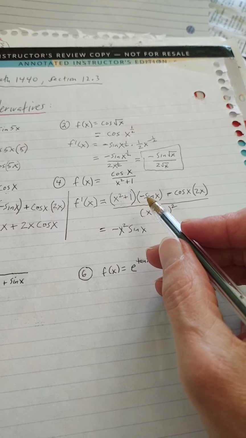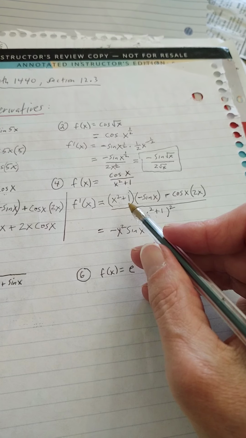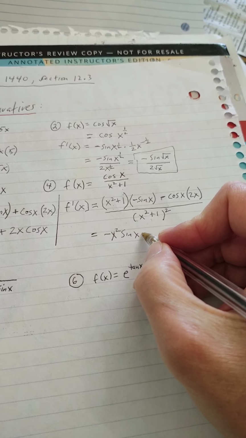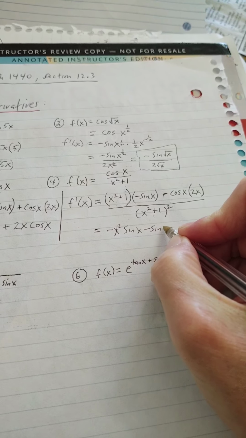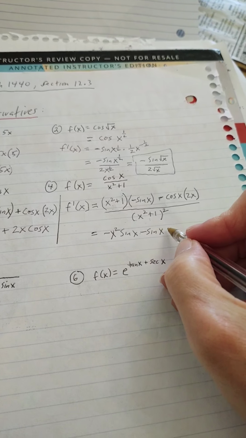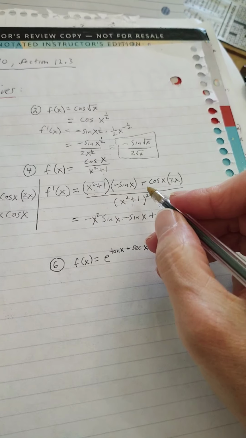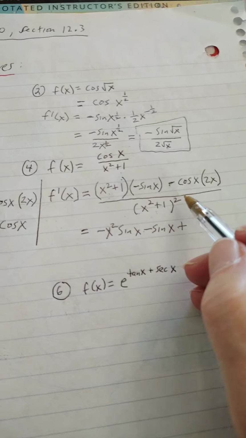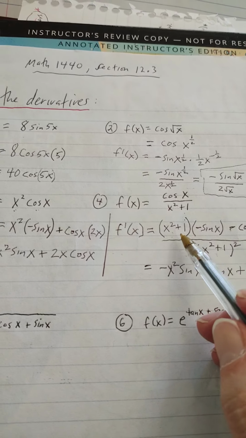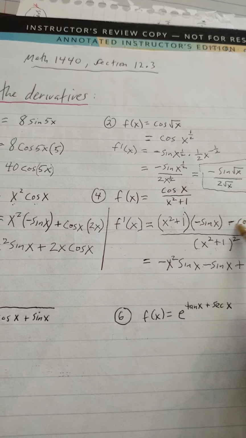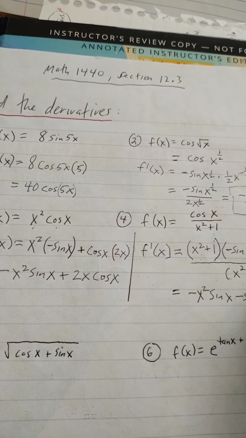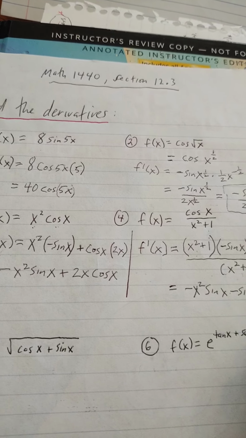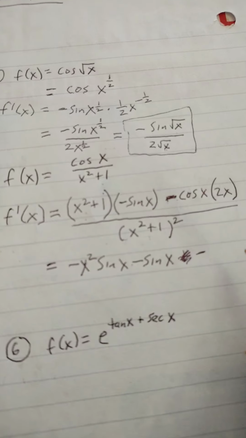And then minus sine x times a plus 1 is just going to be a minus sine x. Plus, let's see. So my quotient rule is low d high minus. That's a minus sign. Sorry, it looked like a plus for some reason. So make sure you write minus.